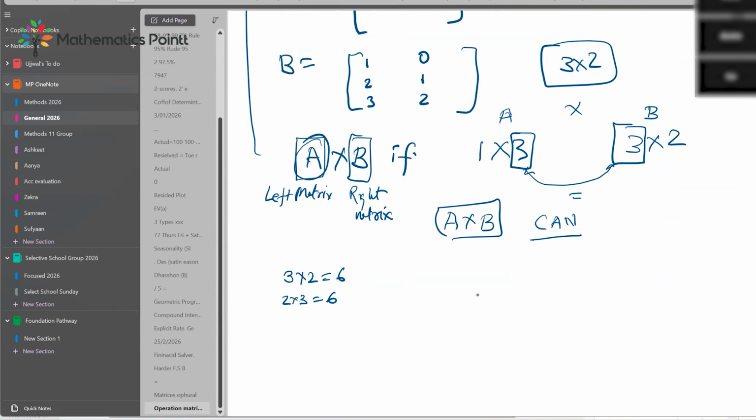So when we do regular arithmetic and multiplication, order does not matter. 3 times 2 is 6, and 2 times 3 is also 6.